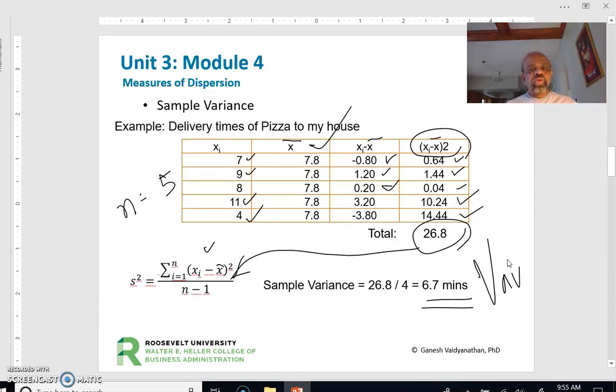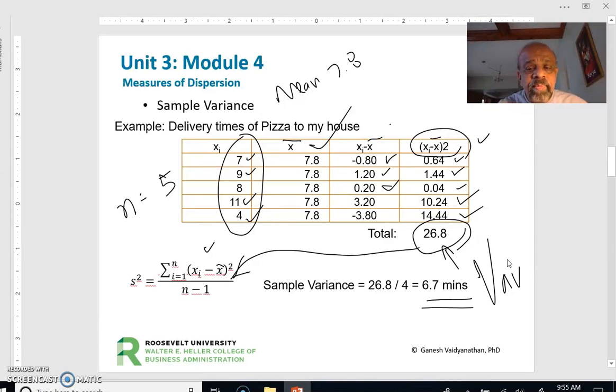Got it? So it's actually very simple finding the variance. All you do in this case is, if I give you the mean, the mean is 7.8, and I give you these data, then you create a table like this, and then you find xi minus x bar squared for each one of the values.